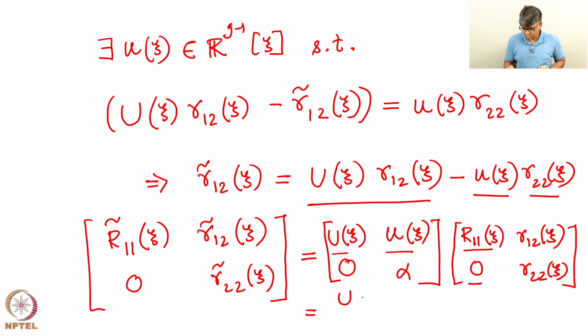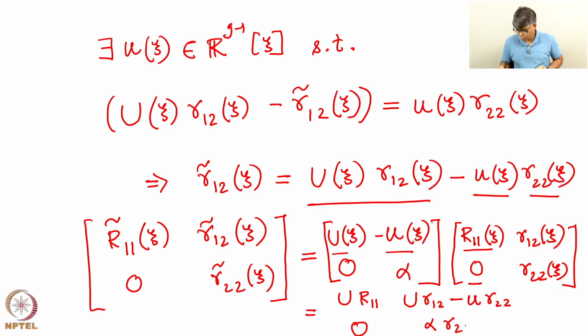This is u times r11. What is the second entry? The second entry is u times r12, okay, there should be a minus here, minus u times r22. That is the second entry. What is this entry? This is 0 again, and this is alpha times r22.